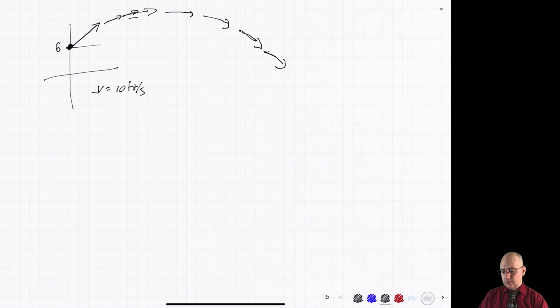And so we're just going to start with that. h of t, so that's the height, is we have this gravitational constant, minus 16t squared.